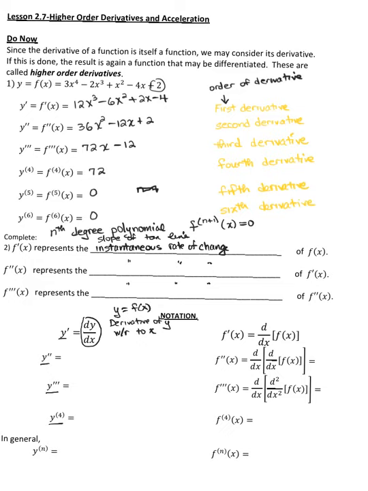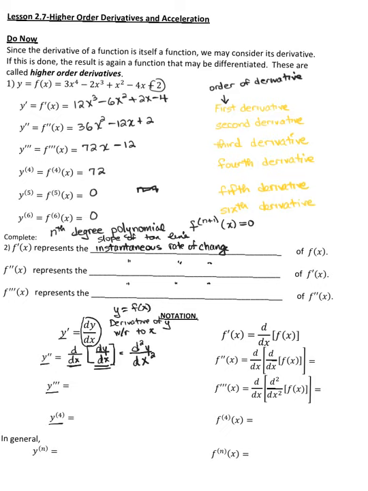Now, the second derivative is the derivative of the first derivative. So I will write this. The derivative of the first derivative. And this can be abbreviated as follows. It's not an exponent. Notice that this 2 is in different places.